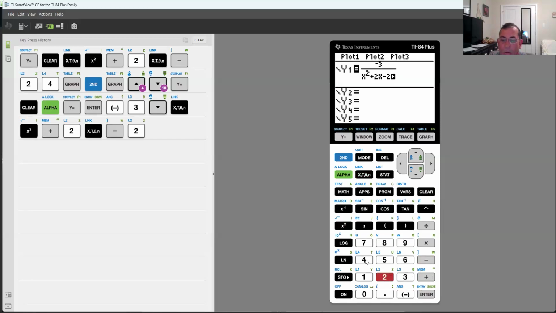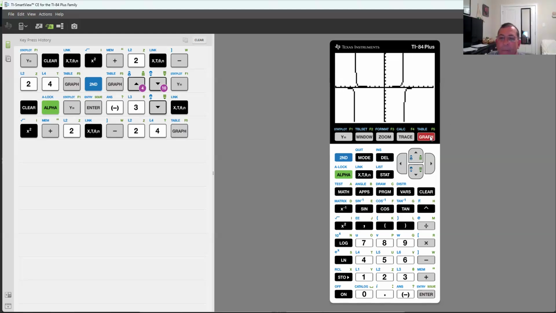minus 24. Now, the thing you've got to remember about these vertical asymptotes is there's an imaginary dotted line there. The graph cannot cross over that dotted line, okay? So watch what happens at those two values. See over here at -4, one side is going straight down and the other side is coming from the top.